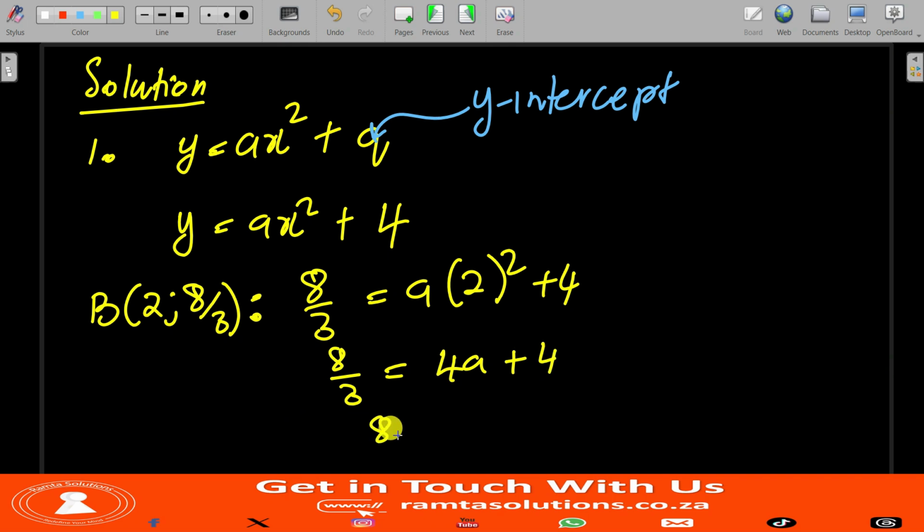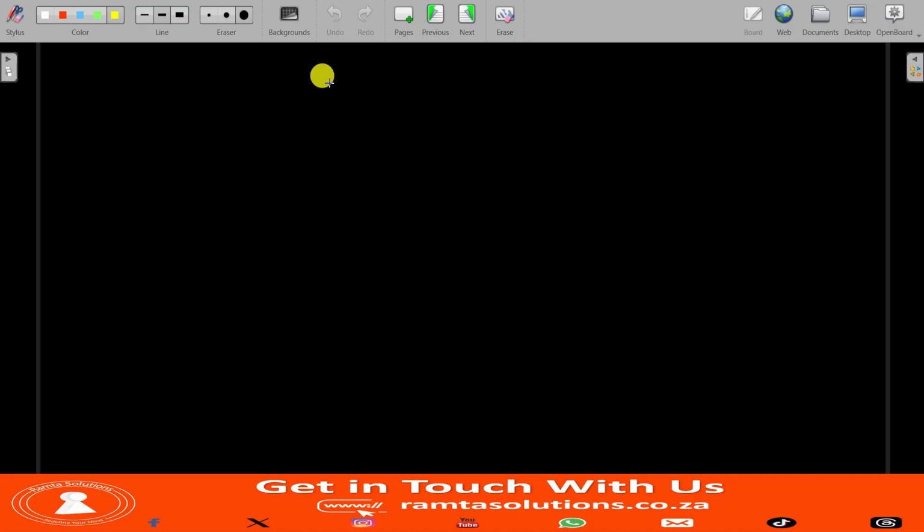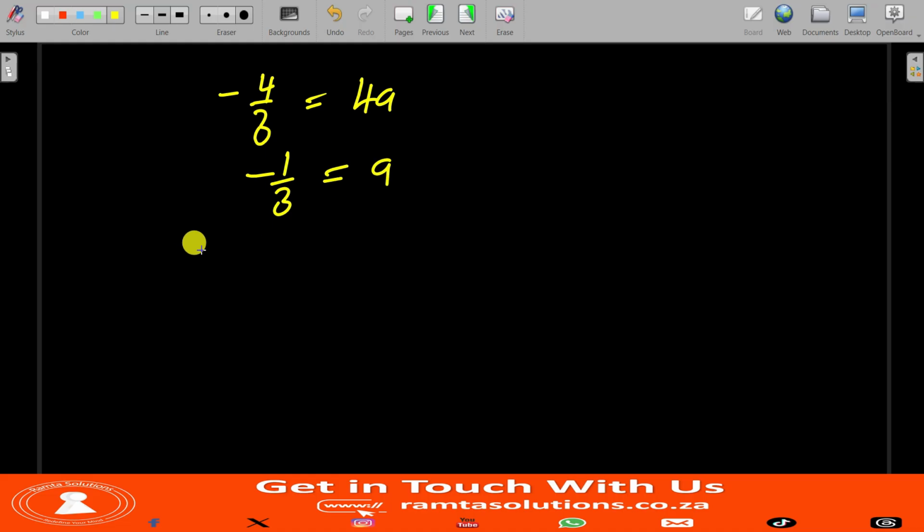Then you have 8/3 minus 4 equals 4a. 8/3 minus 4 is the same as minus 4/3. So minus 4/3 equals positive 4a. Therefore, a equals minus 1/3. All right, so we can say f of x is minus 1/3 x squared plus 4, isn't it?